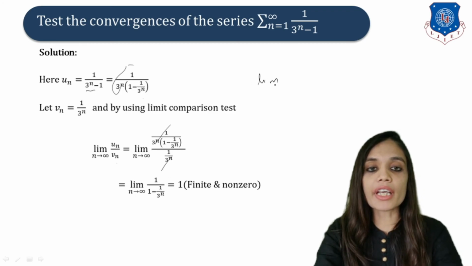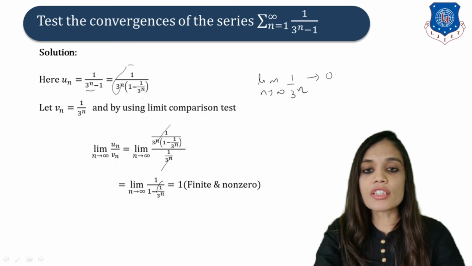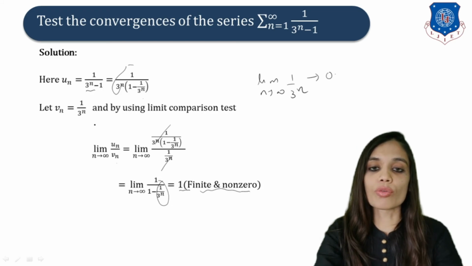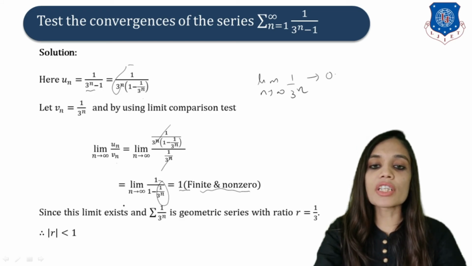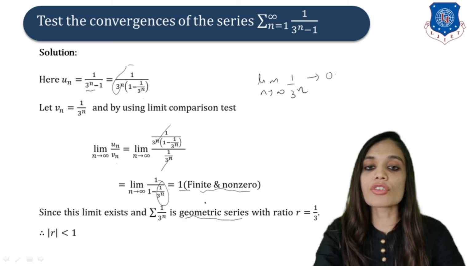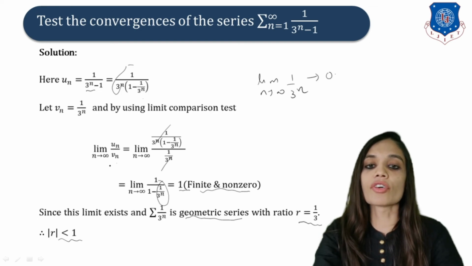Now we know the limit n tends to infinity of 1 upon 3 raised to n will go toward 0. So the value of this will be 0. So finally what will remain is 1, which is finite and non-zero, right? Now again write Vn, which is summation 1 upon 3 raised to n, which is a geometric series. So here we are applying the geometric series test and our value of r is 1 upon 3. Therefore mod r is less than 1.